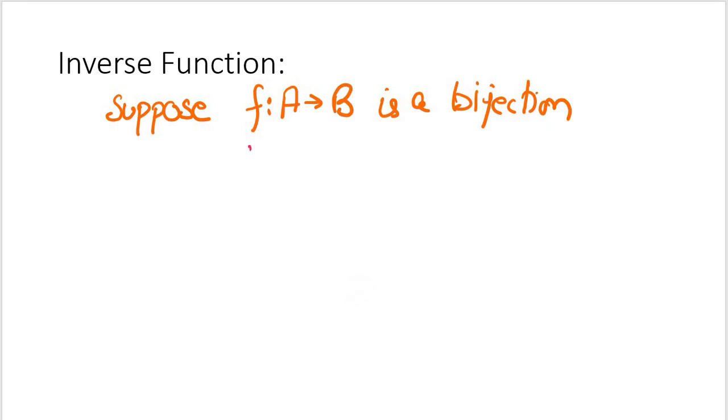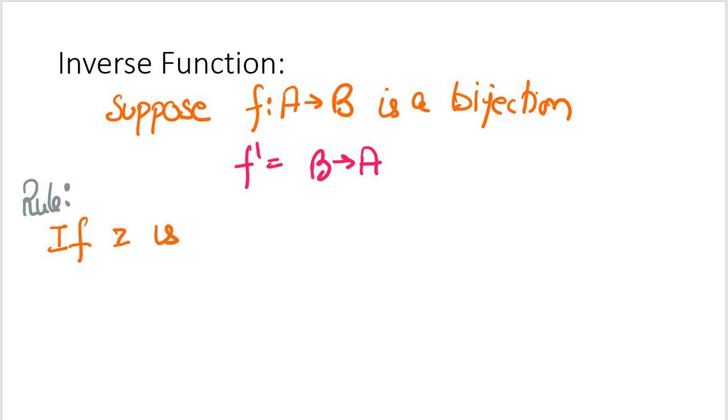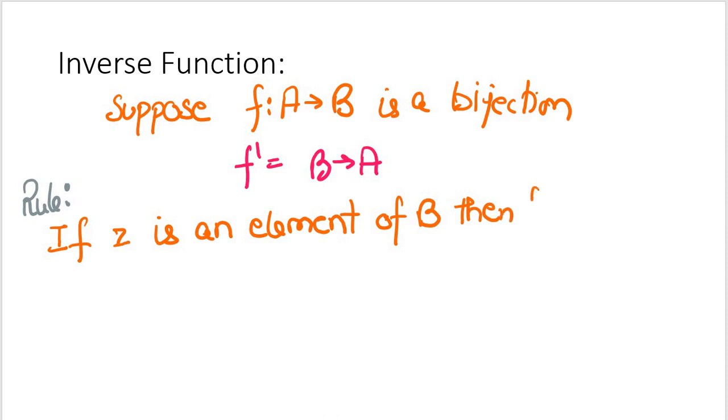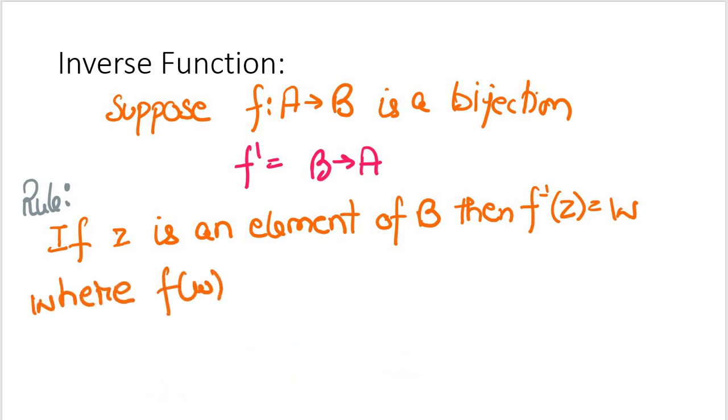So your f inverse is B to A and it is called the inverse of f by the following rule: if let's say z is an element of B, then f inverse of z equals w, where f of w equals z.